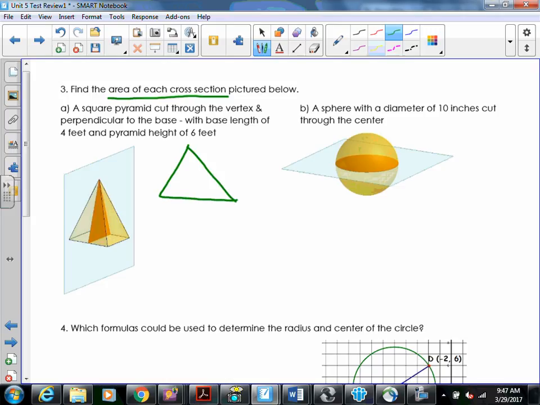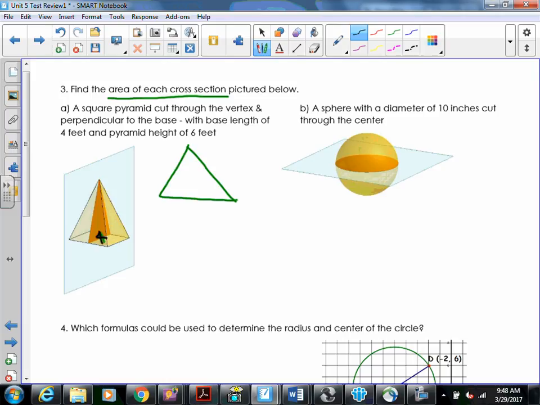And in the problem it says, a square pyramid cut through the vertex and perpendicular to the base with a base length of 4 feet. So in the pyramid, the base length of the bottom is going to be 4 feet. Okay, so that's 4 feet across the bottom.